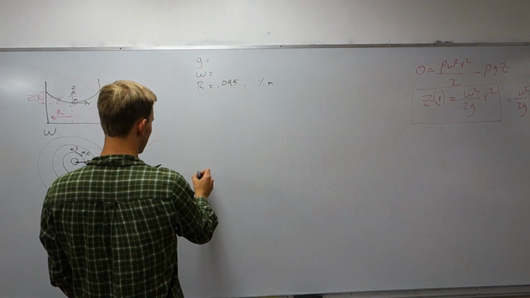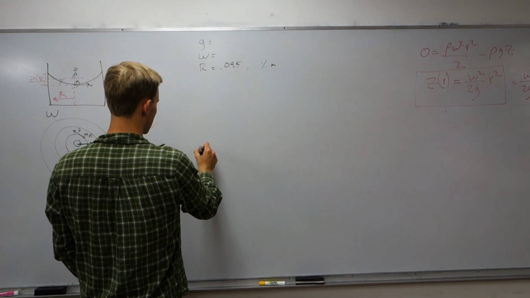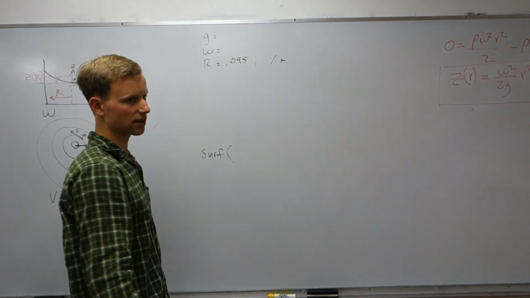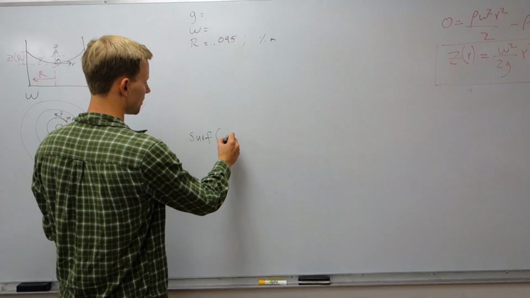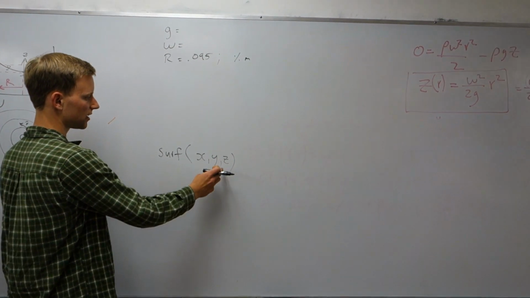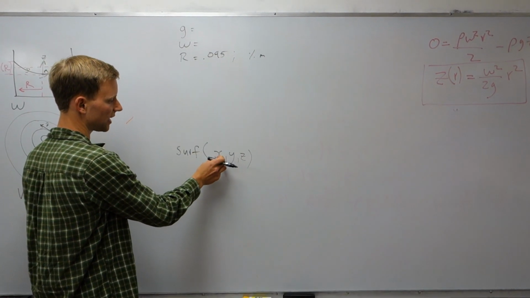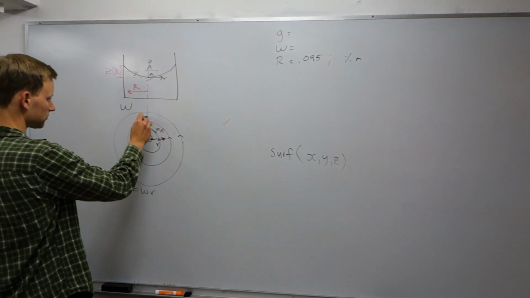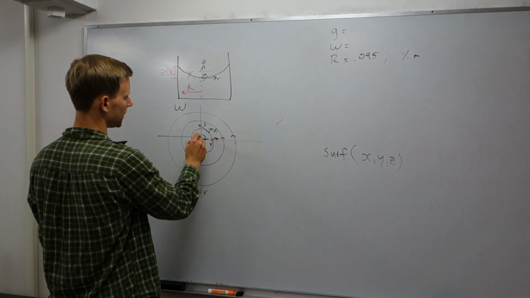And eventually we want to plot using the surf command. So surf creates a surface where you give it Cartesian coordinates x, y, and z, where z will be the height at a point x, y out from the origin. So let's say our coordinate system starts here.